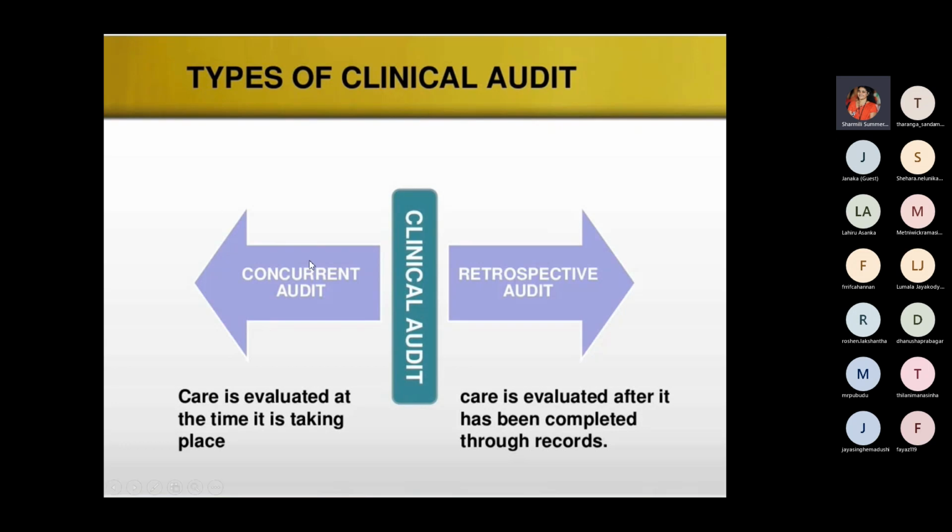So for clinical audits, there are two types. We can have the auditor evaluation at the time of care providing, or we can have it after the care providing by going through all the records in an accurate manner. So there are two types, concurrent audit and retrospective audit. Are you all clear about the types of clinical audit?